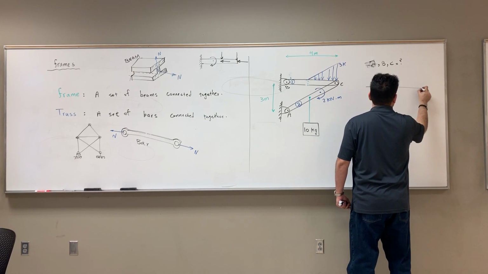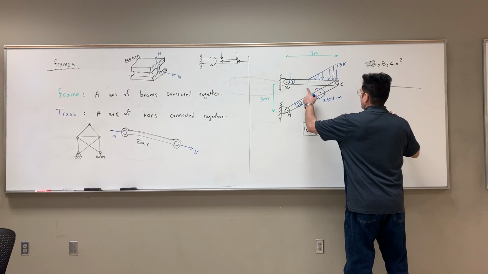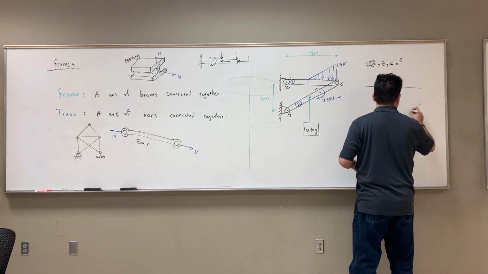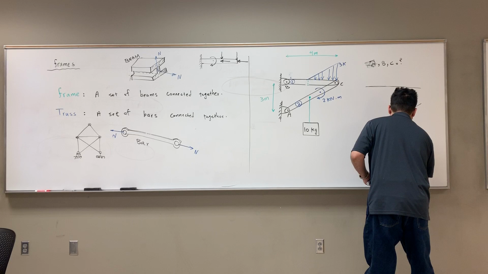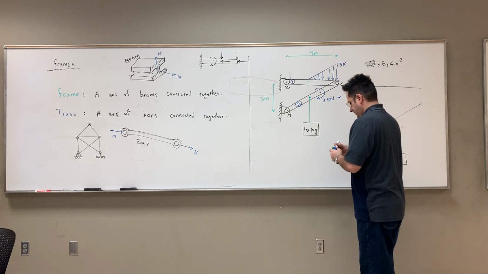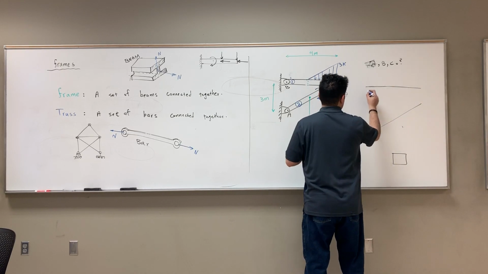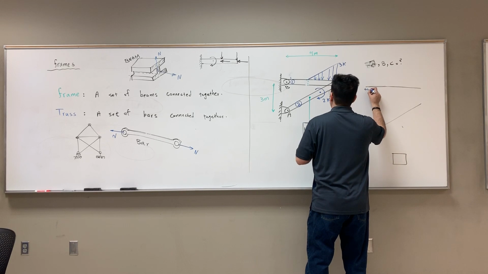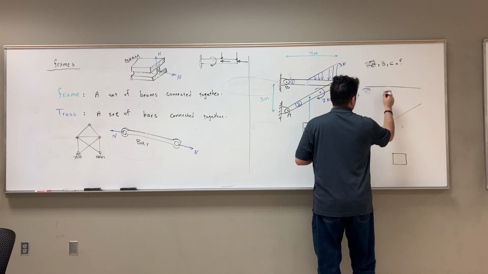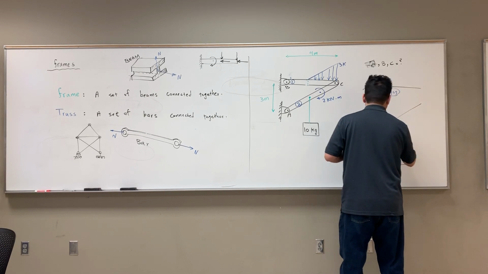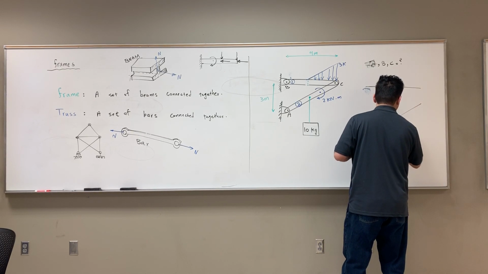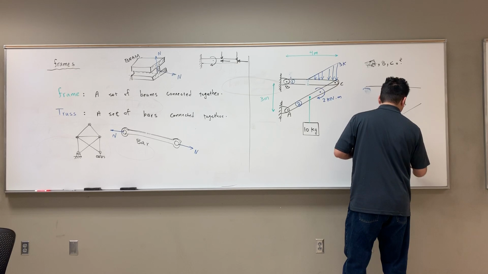So I'm going to take this is bar 1 and bar 2, and I'm going to get this weight as system 3. So that's my system 1, system 2, and system 3.